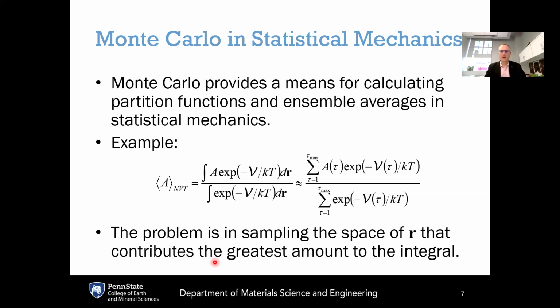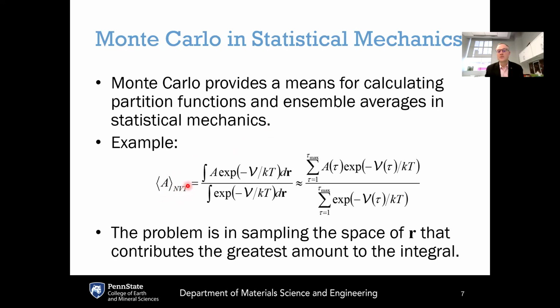Now, how do we apply Monte Carlo in statistical mechanics? Monte Carlo provides a means for calculating partition functions and ensemble averages in statistical mechanics. So for example, what if we want to calculate the expectation value of some property A in the NVT ensemble?